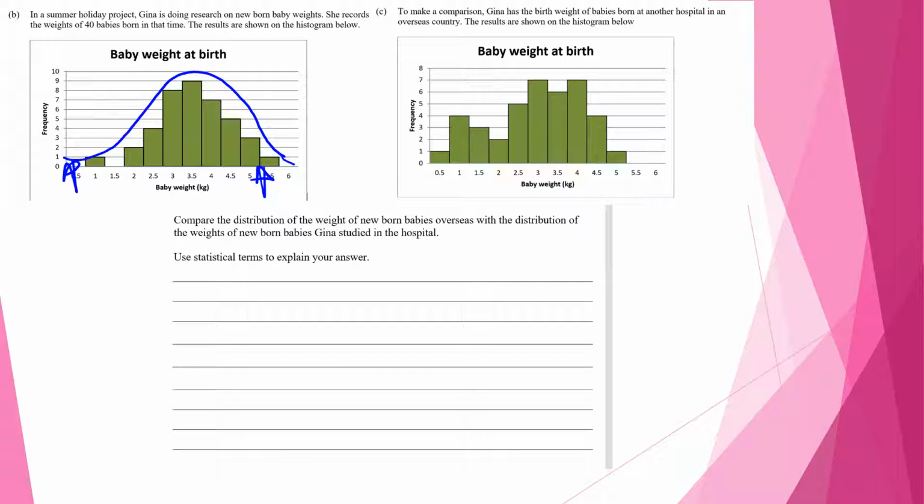Now, when we look at the babies born overseas, we can see that it doesn't fit nice and neatly to a bell shape. There's quite a big gap in the middle here, and there's quite a bit of data on those bits that are outside the bell shape, and they're quite big clumpy bits.